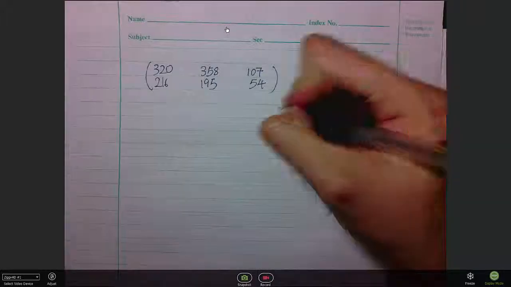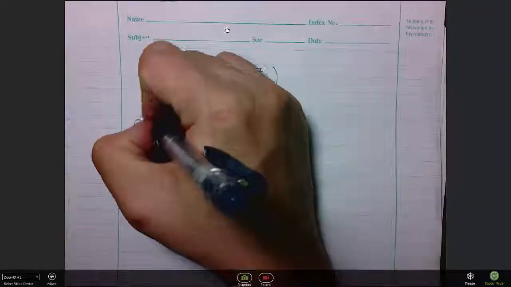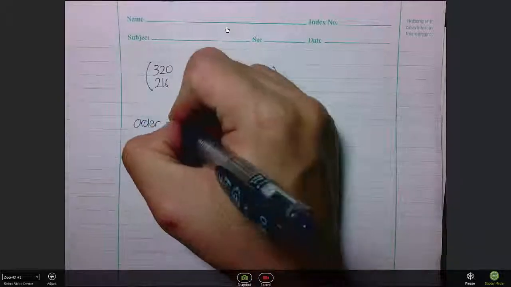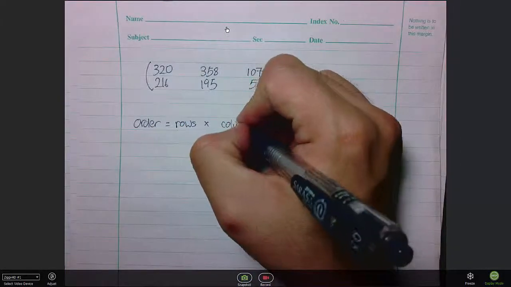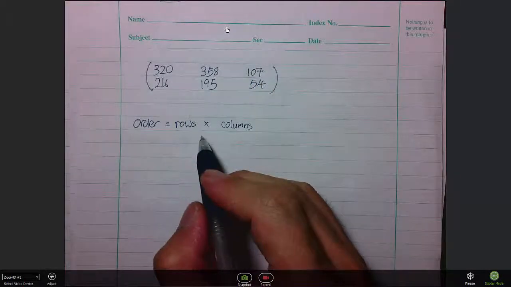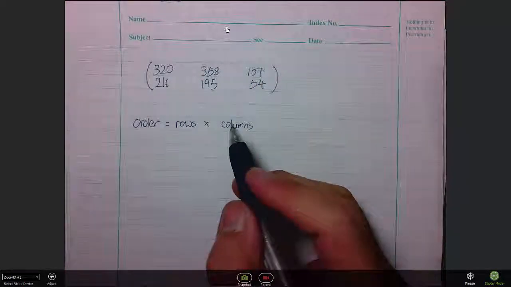Okay, next thing is how do we name the order of a matrix. Let me write the word order of a matrix. The order of a matrix is given by rows by columns. This is not multiply, this is rows by columns.